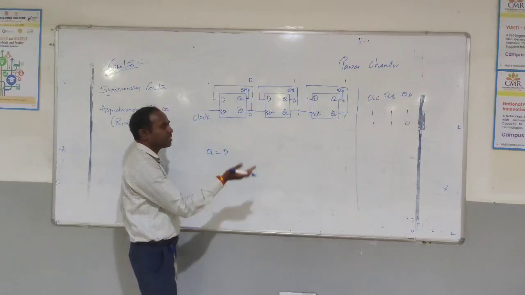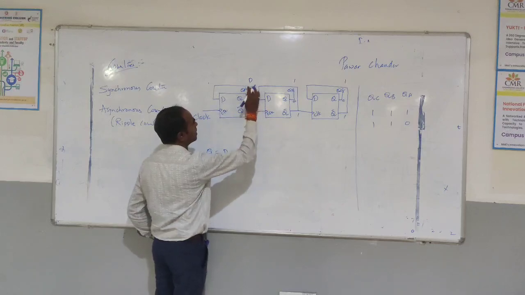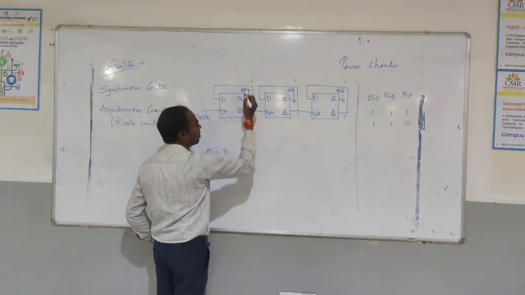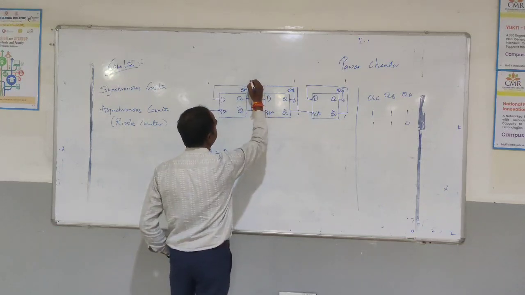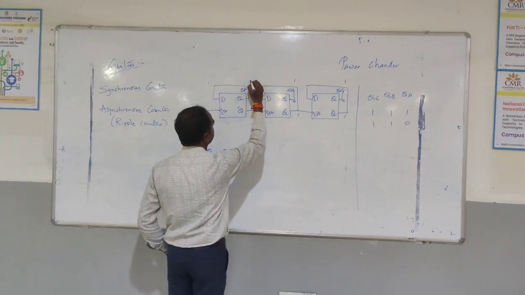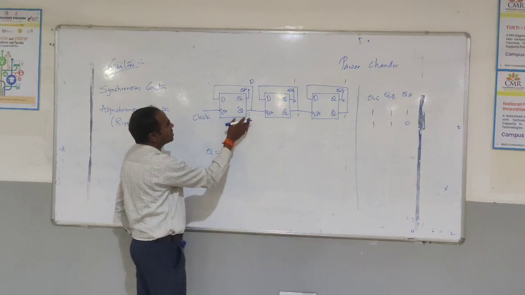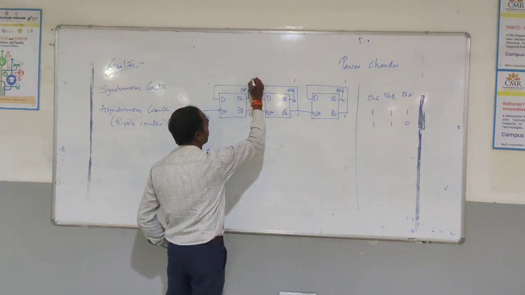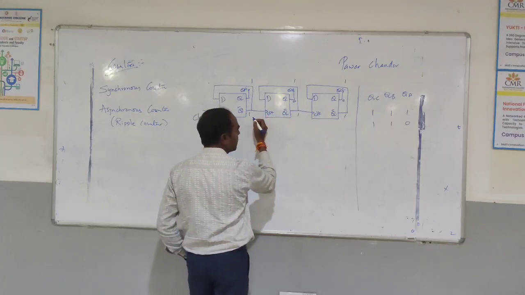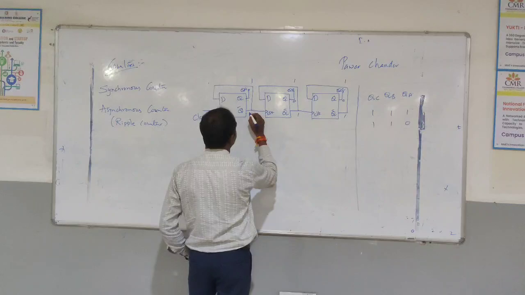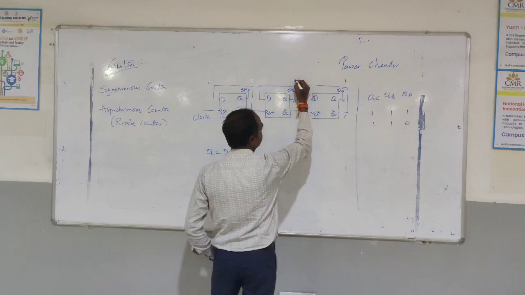Again if we apply the third clock pulse, this Q becomes 1, right? So it is 0, so this is 1. When we apply the third clock pulse, this Q becomes 1. We applied one clock pulse, so 0, and for the third one there is no change.